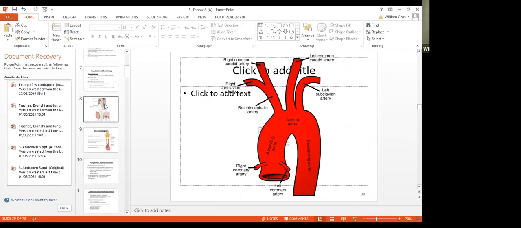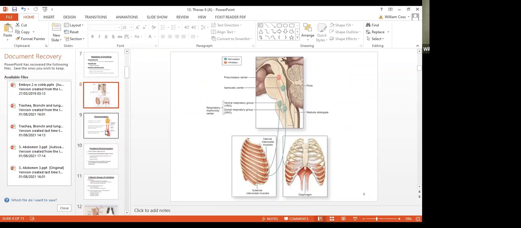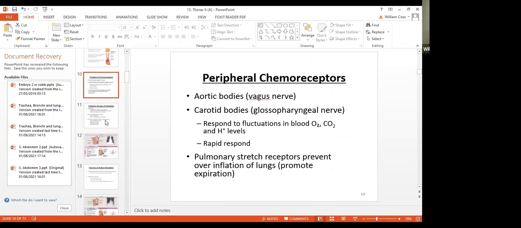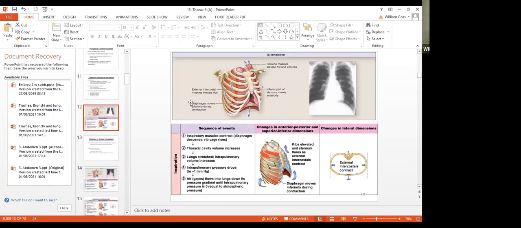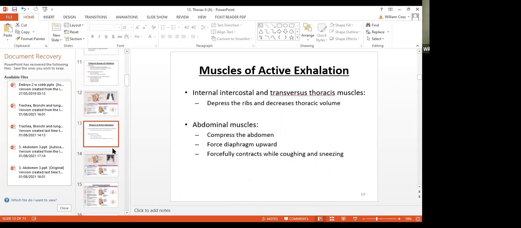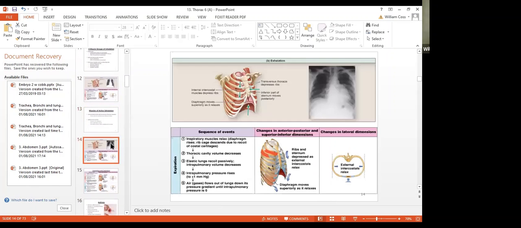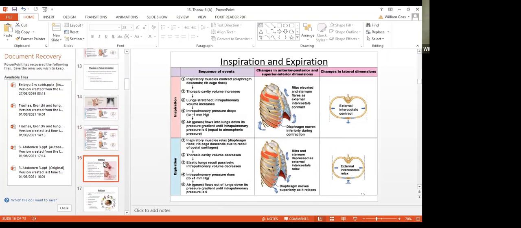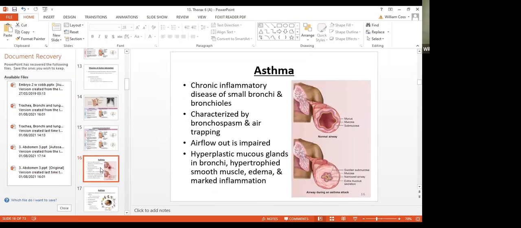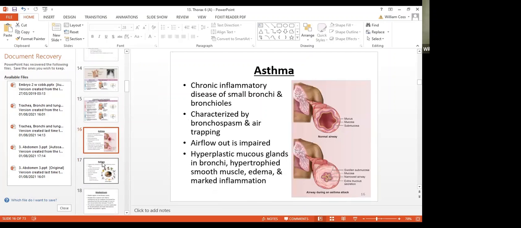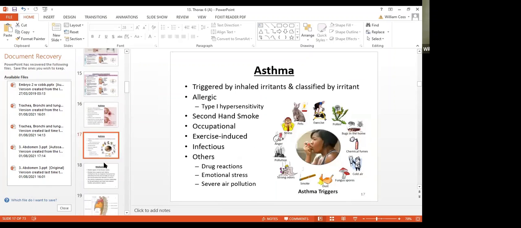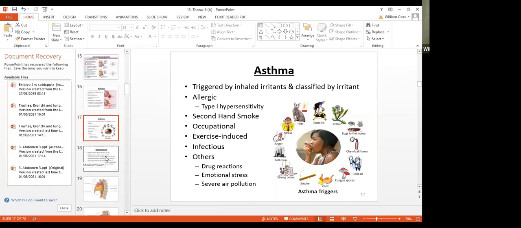We talked about the function of the chemoreceptors, and how the chemoreceptors work in relation to inhalation and expiration, exhalation. We looked at the muscles. We looked at how the exhalation and inhalation sequence of events occur. We considered one pathology, which was asthma. We also linked that to bronchiectasis, which we talked about before.